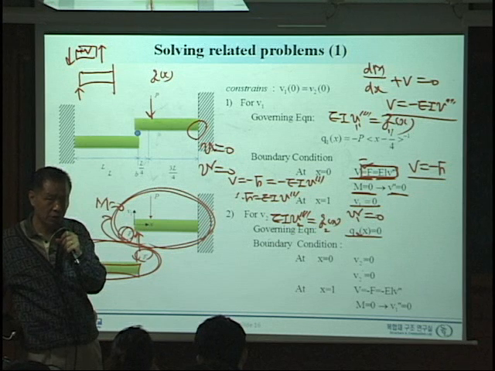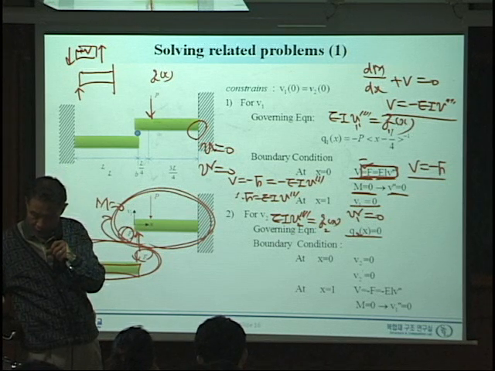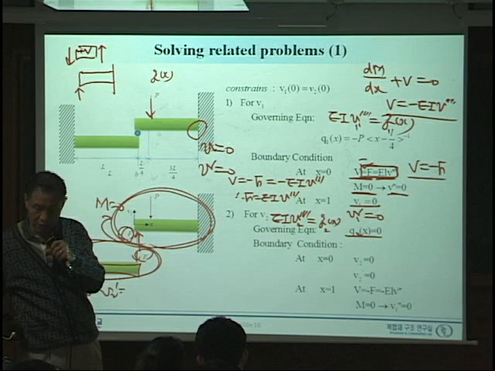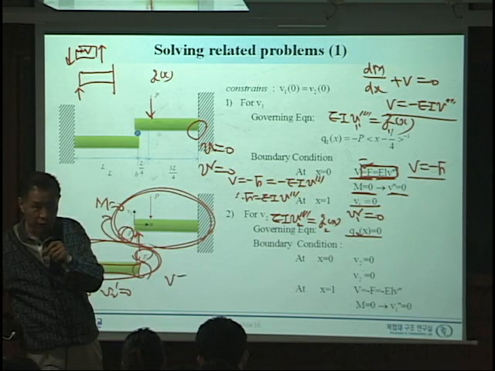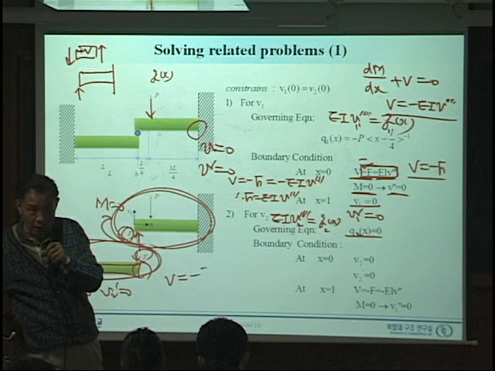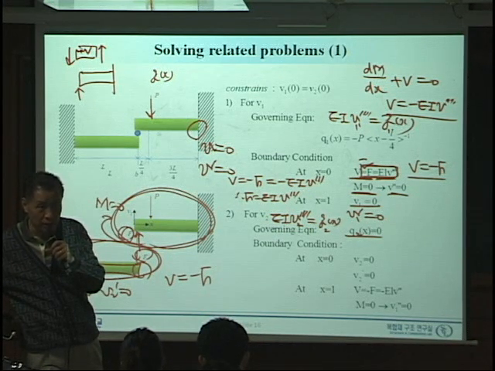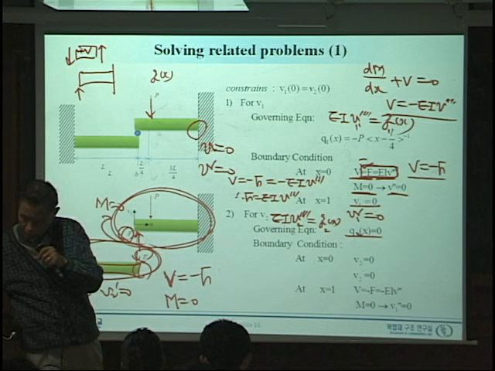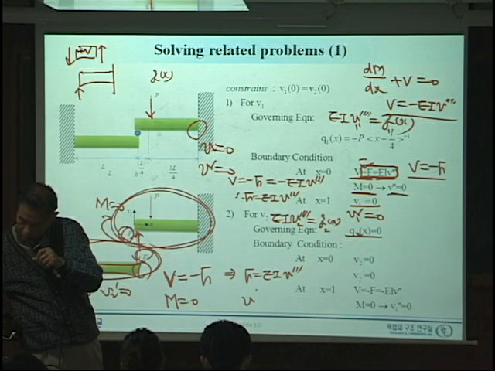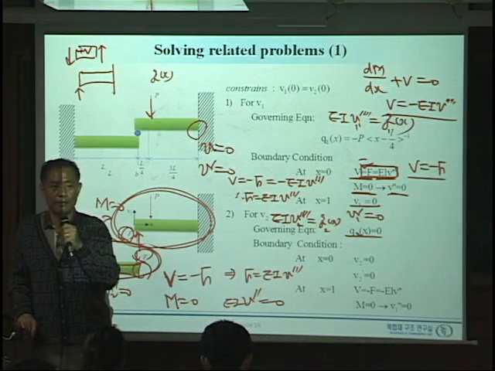And now, the boundary conditions are that at the left-hand side, V2 is 0, V2 prime is 0, right? And on the right-hand side, shear force V equals minus F because it's downward on the right-hand side, and moment will be 0, right? This is the boundary condition, and from here we have F equal EI V2 triple prime, and EI V2 double prime equals 0, right?